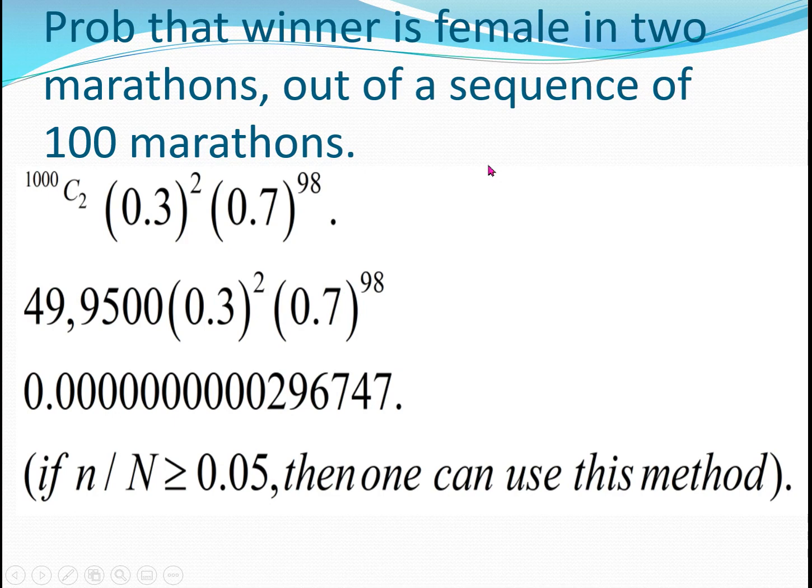So now why am I applying the formula for binomial distribution? Because this is a large population. We have, as I said, 1000 participants. So I can fairly approximate the probability using binomial distribution. As I said, in a larger population, whether you are doing sampling with replacement or without replacement, it doesn't make much of a difference.